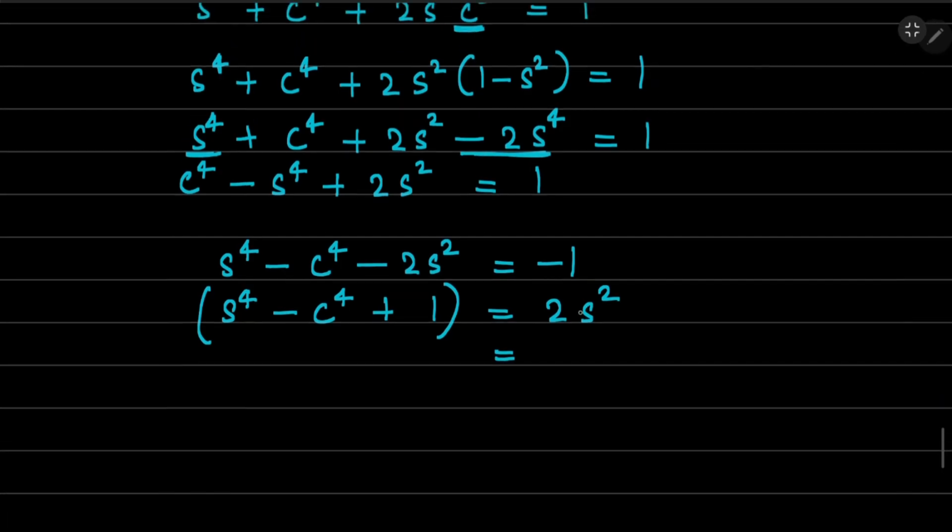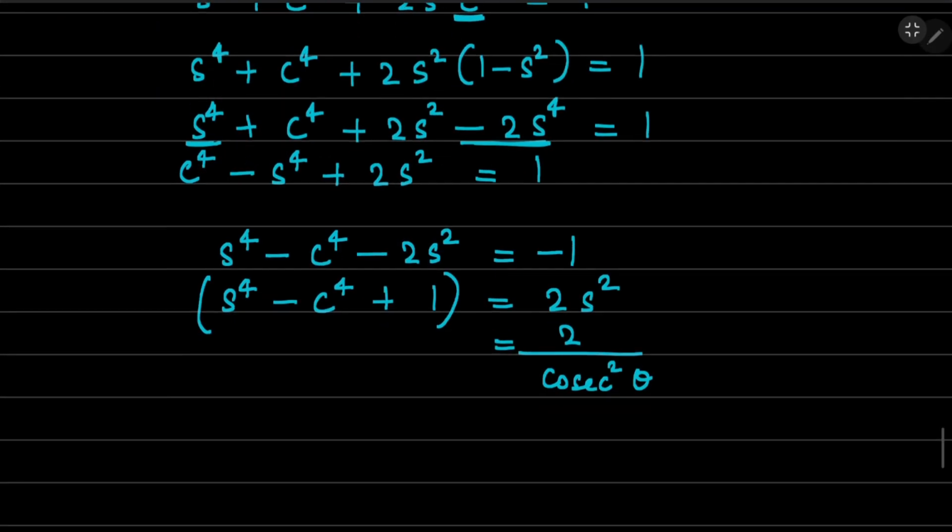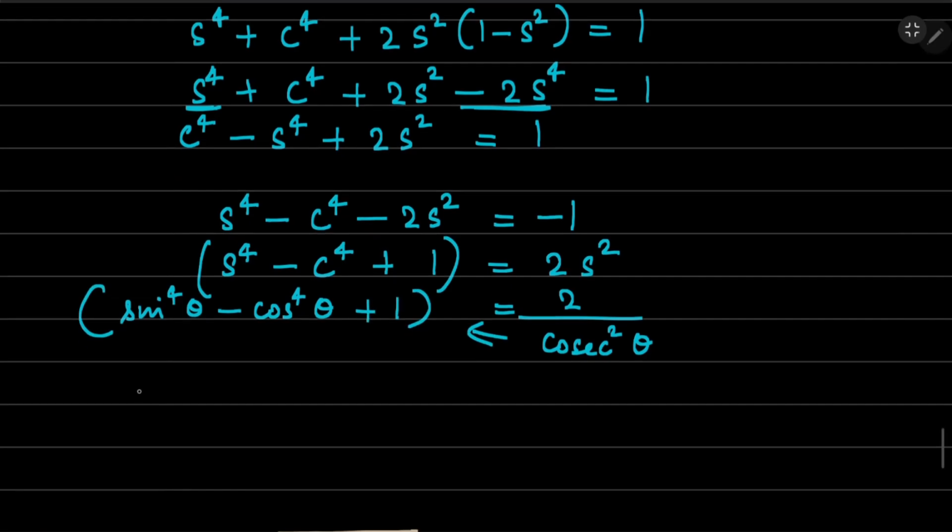So now 2 sine square, I can write as 2 by cosecant square theta. Isn't it? So now you can cross multiply. So sine to the power 4 theta minus cos to the power 4 theta plus 1 is equal to, just cross multiply. So what do you get here?